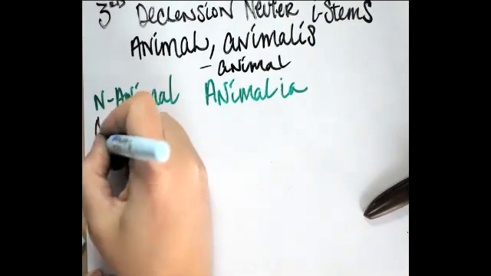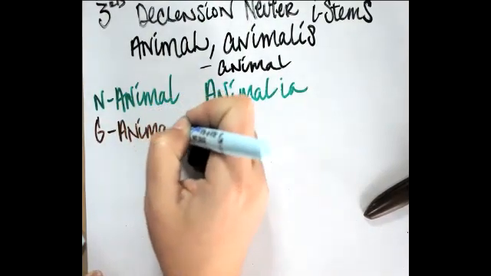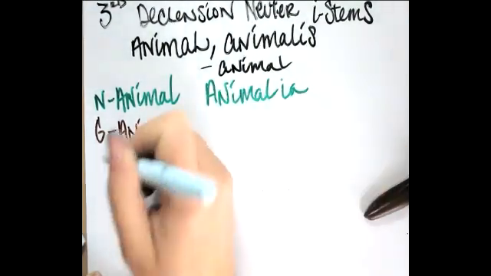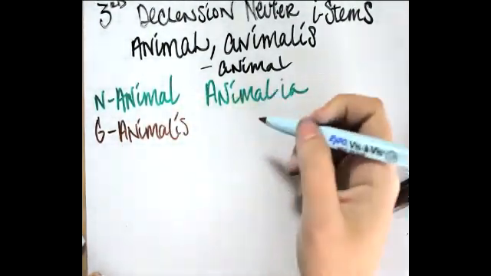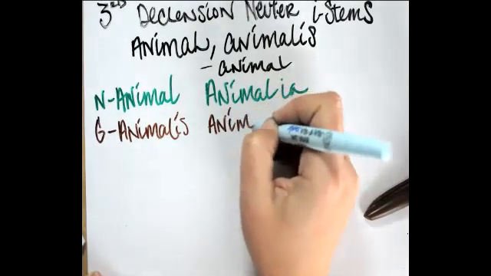Genitive: animalis, like you are given here, of the animal. And then in your genitive plural, animalium.